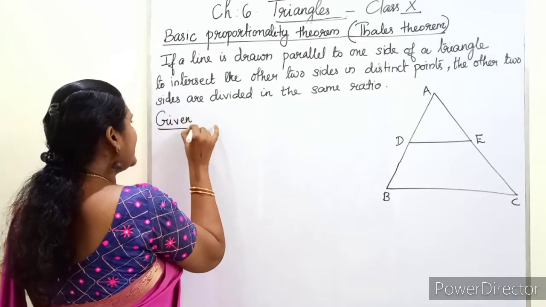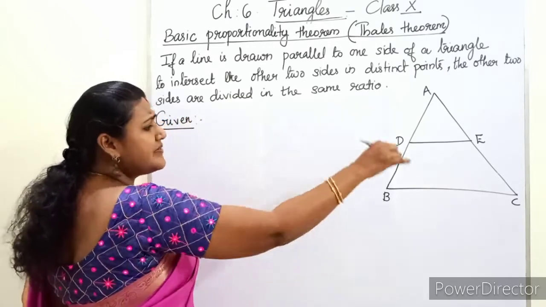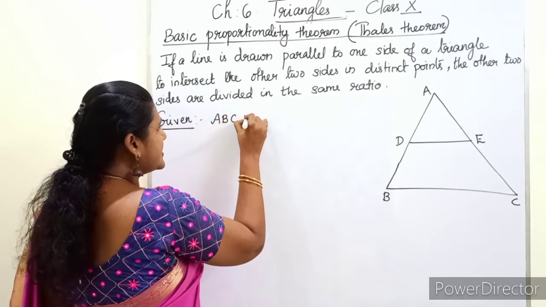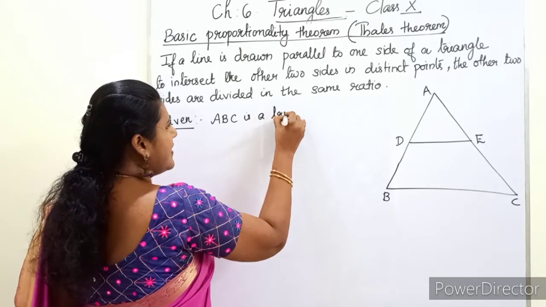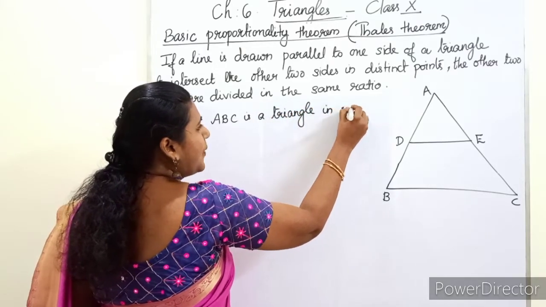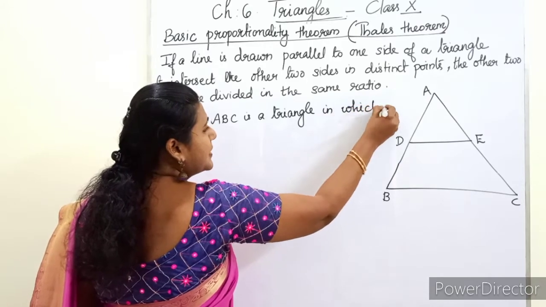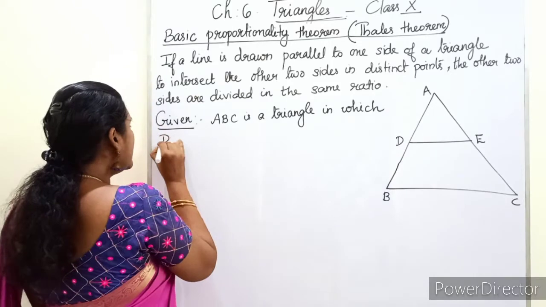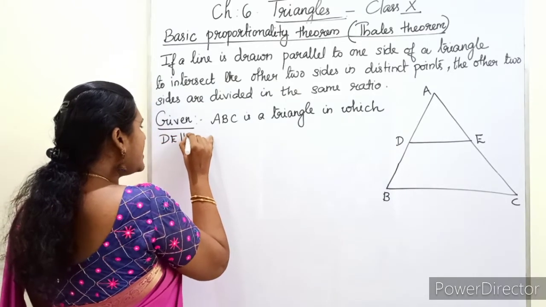First we will write the given. What is given? ABC is a triangle. What is the important condition given in the statement of the theorem? The line DE is parallel to BC.